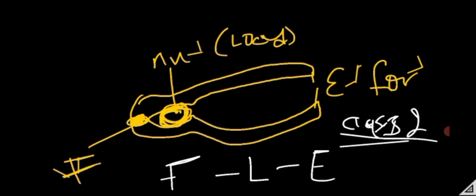Are you getting it? Other examples of class 2 lever are your bottle opener. You can research them on your own. If we want to do more examples, we won't have time here, but let me just sketch how a bottle opener looks.